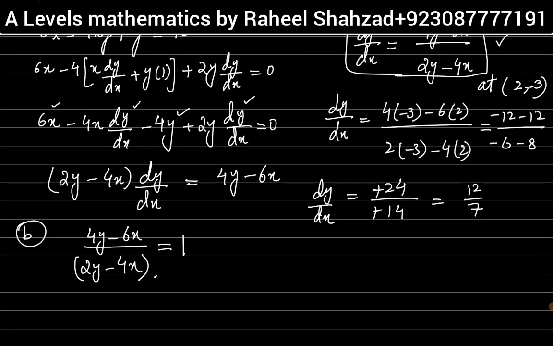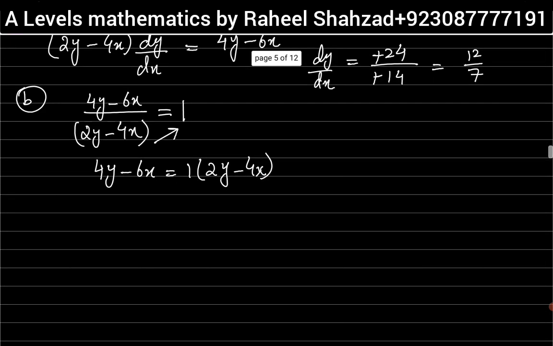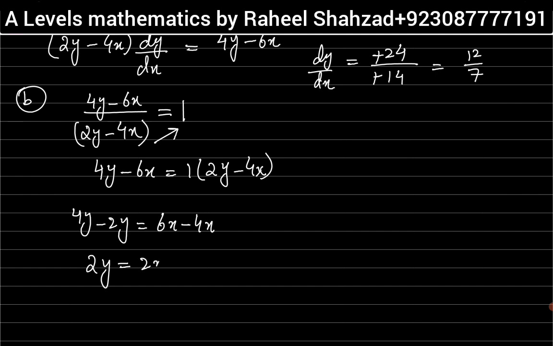Cross multiply here: 4y minus 6x is equal to 1 into (2y minus 4x), right? Now we simplify it: 4y minus 2y is equal to 6x minus 4x. So 2y is equal to 2x, that makes y equal to x.